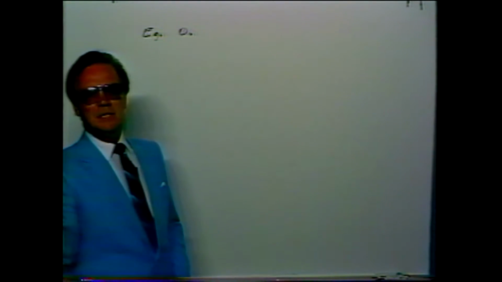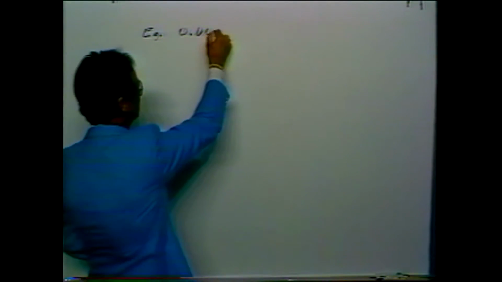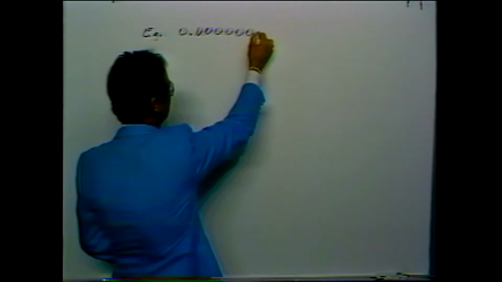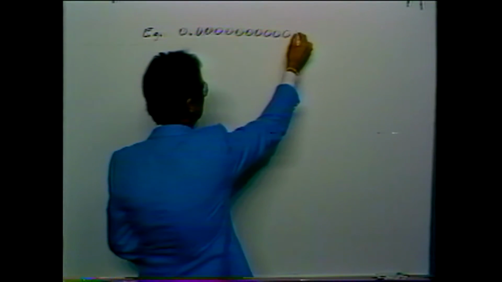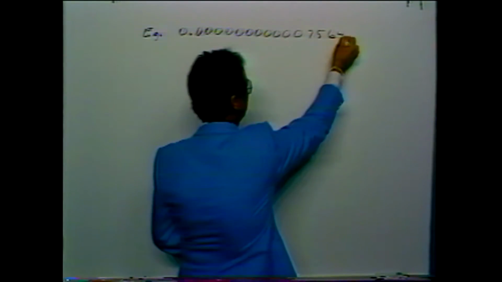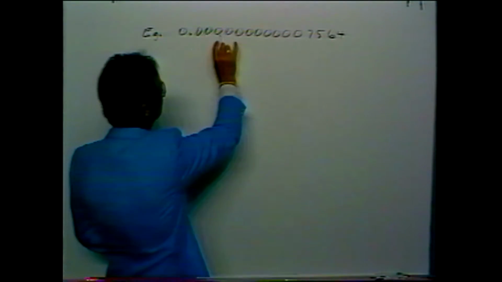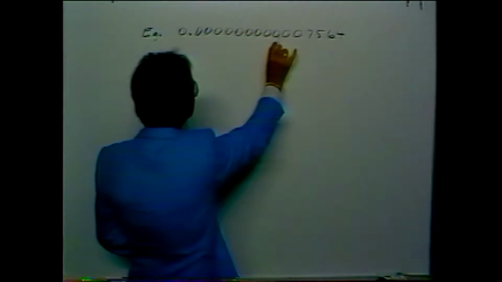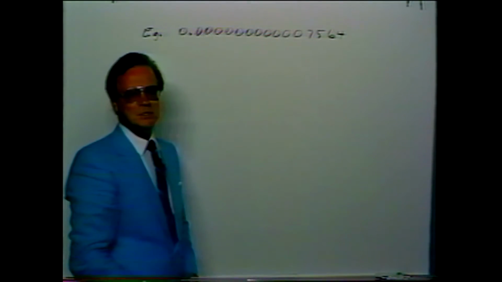We have been dealing with numbers which are very large, but numbers which are very small may have many leading zero digits. For example, 0 decimal 7564 has 11 leading zeros.